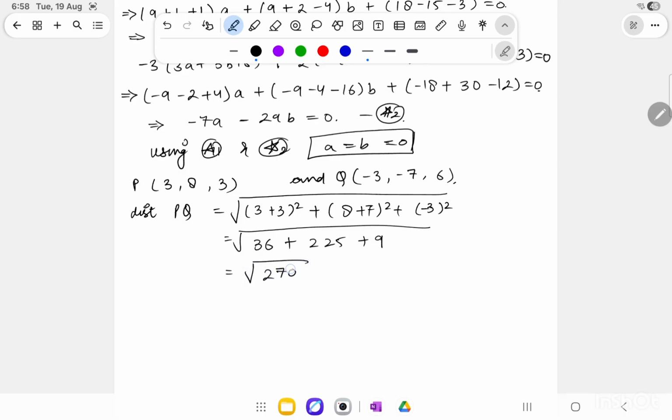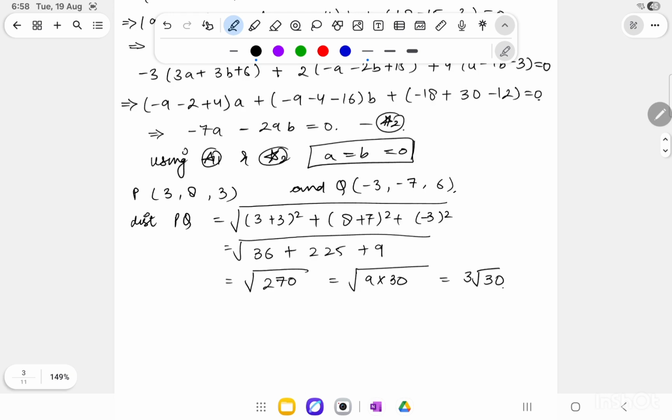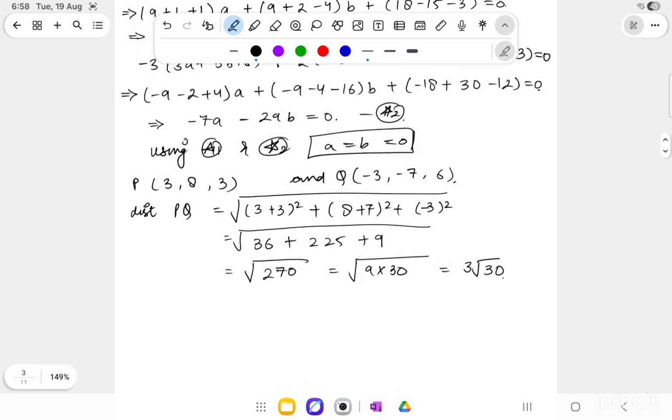So this is under root 270, and I can write it as 9 into 30, which is equivalent to 3 under root 30. We were supposed to prove that the distance of the perpendicular line joining L1 and L2 is 3 root 30.